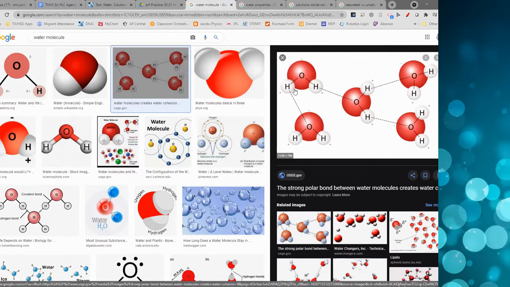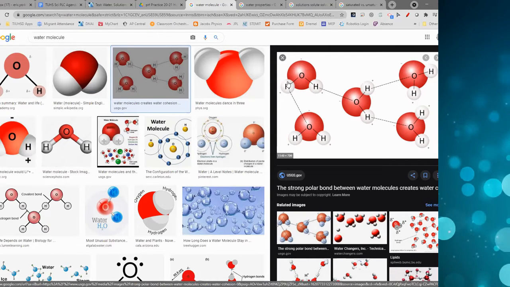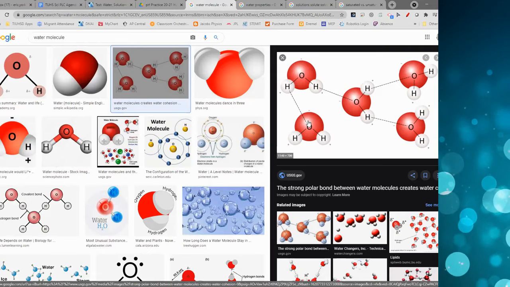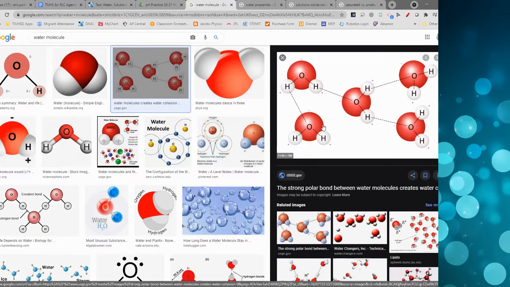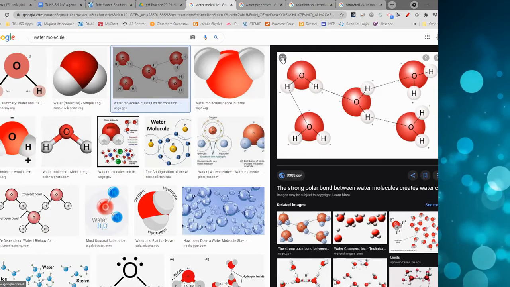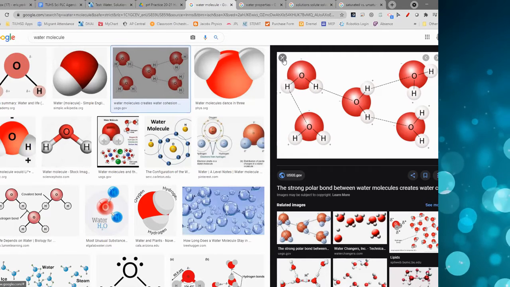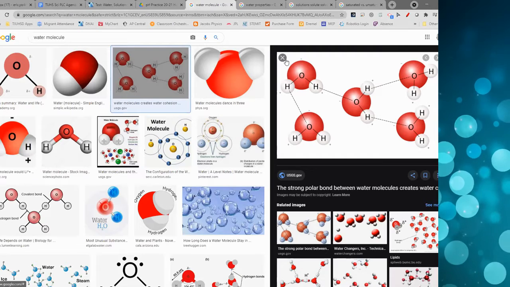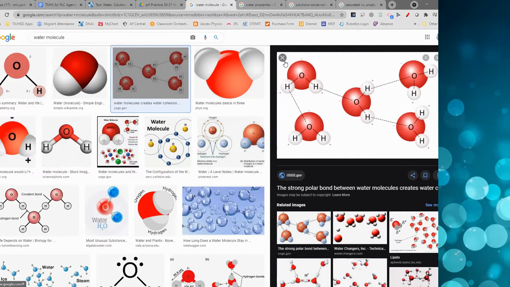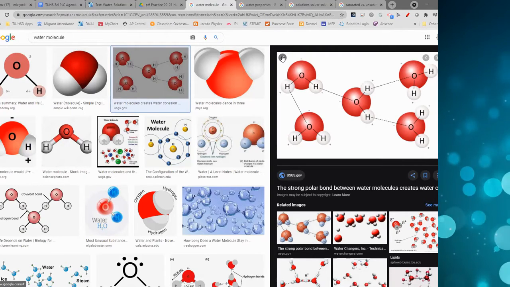So a hydrogen bond is a bond of attraction between a slightly positive hydrogen atom and a slightly negative oxygen atom on a different water molecule. So that's hydrogen bonding. Together, these properties, the polar nature of water and the hydrogen bonding, make water what we call the universal solvent, where it can dissolve many substances, many solutes.